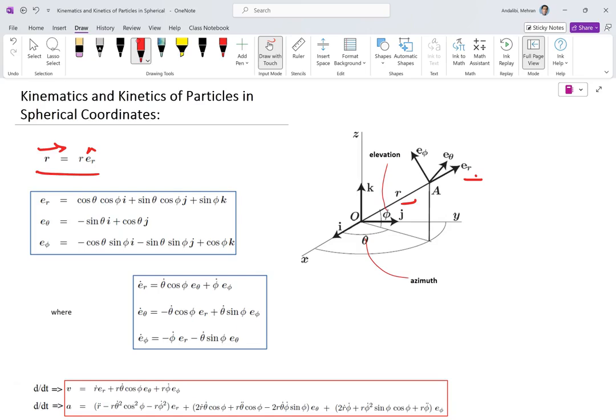If you're wondering how these are even obtained, I can show you a couple of them. For instance, e_r, you can break it down into a horizontal component and a vertical component. This angle here is the phi angle. So this vertical component is sine of phi, and this horizontal one is cosine of phi.